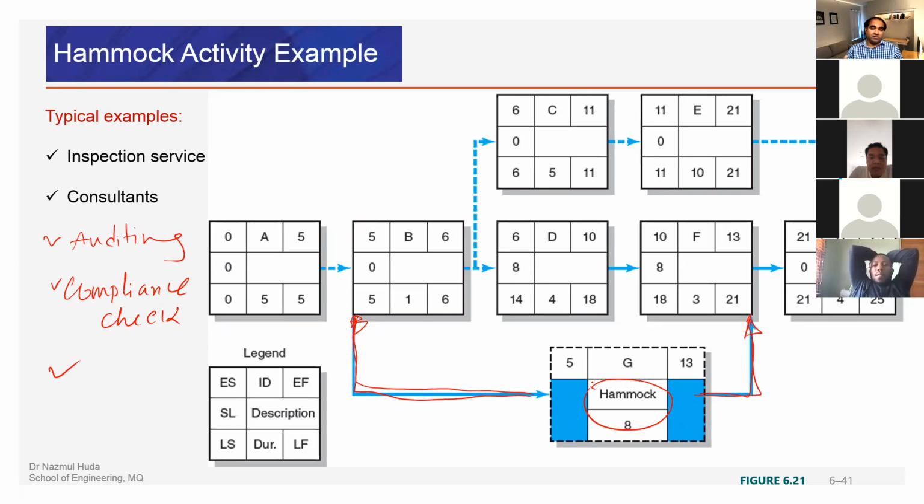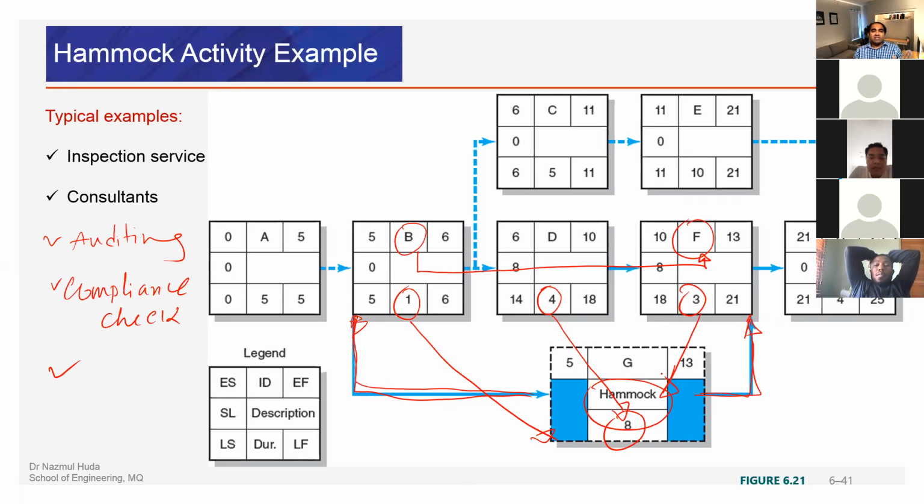So these can be treated as hammock activities. Say for example, we have activity B and activity F. If you look at here, between B and F, we have durations of 1, 4, 3, a total of 8 days. So the hammock activity must be completed within that 8 days. We are not asking for any extra time.